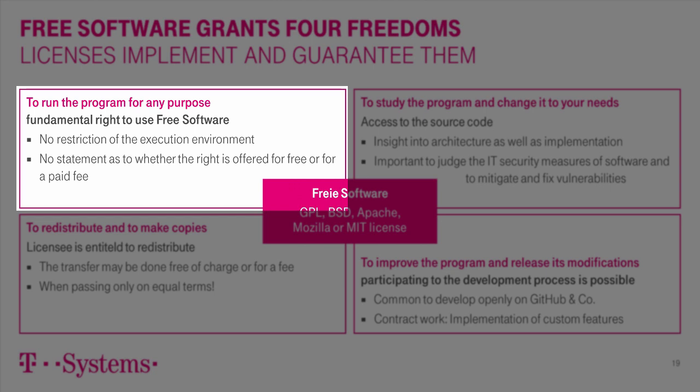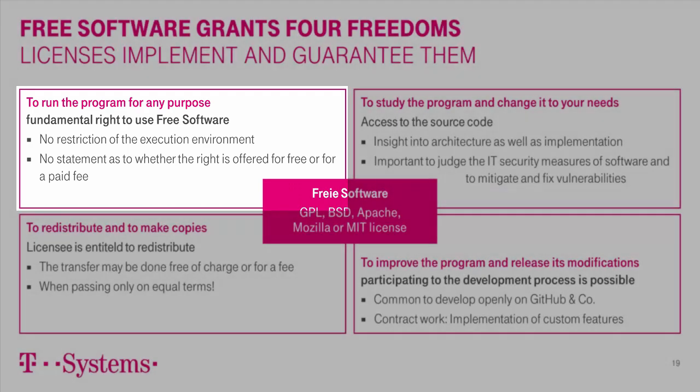You can run this on any machine under any conditions. Please take note that there is no statement about freedom in terms of free of charge. So to grant this right to someone else, it is completely fine to ask for a fee.